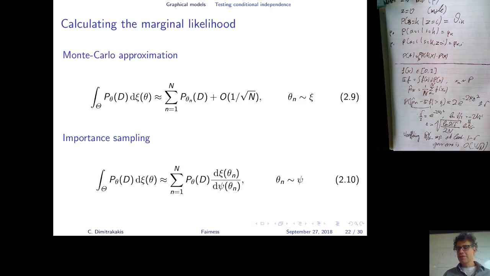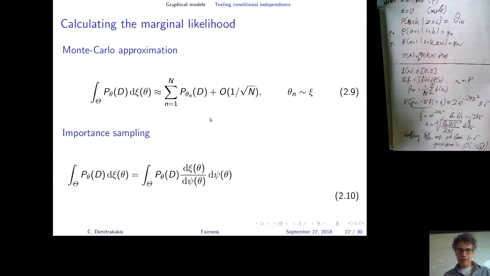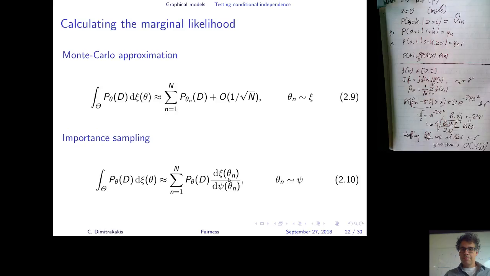This disappears because we just sampled from it. And here again, you see that what we are doing is estimating the expectation under the distribution psi. So psi goes away, and we just have the sum of the probabilities of the data multiplied by this ratio.